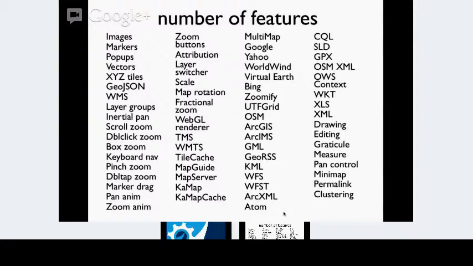But I realized that if I'm going to try implementing all those features in such a library, I won't be able to focus on making the stuff that's really important really great.